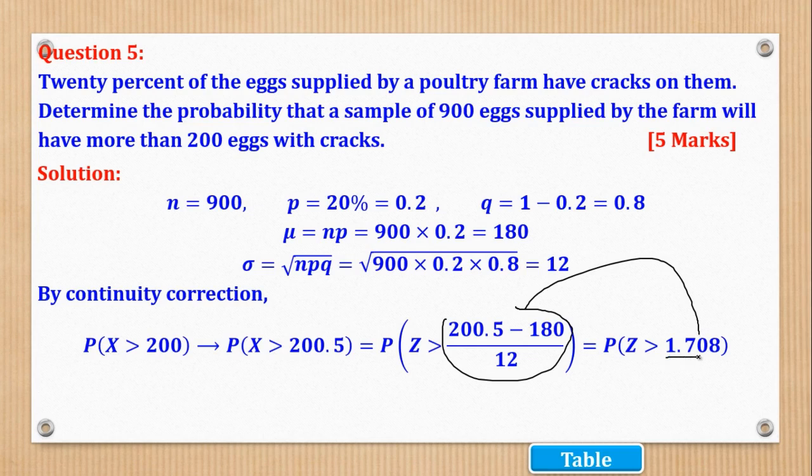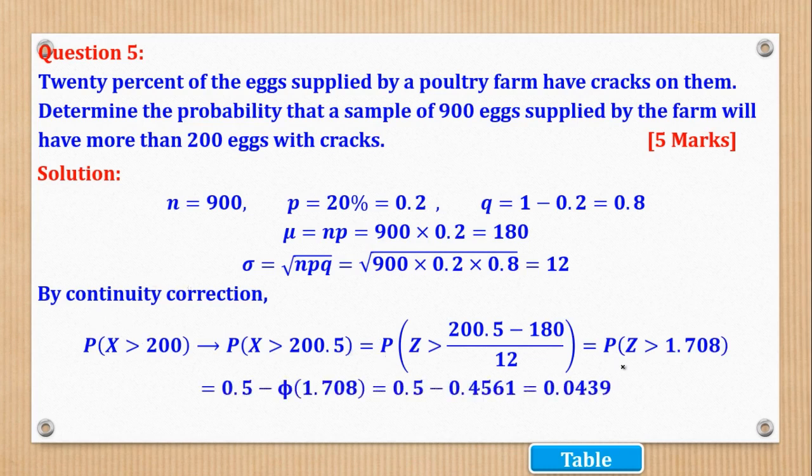Remember, some students used 4 decimal places here, which is never okay. Others rounded off to 2 decimal places, which is never okay. So a z value must be to 3 decimal places. And I already talked about that under the video of normal distribution. It is also available on this platform.